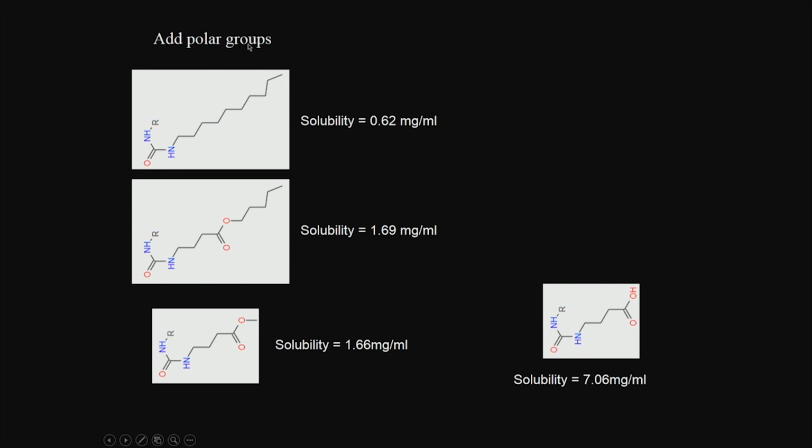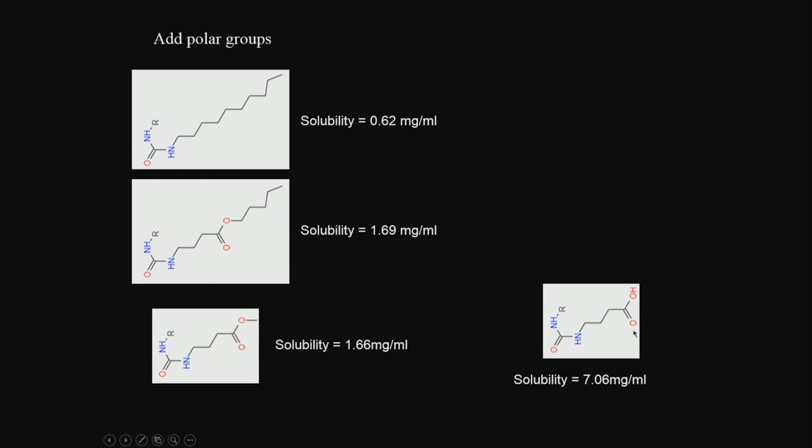Add polar groups. Okay. So, we can add polar groups, that means we can add oxygens and nitrogens. Look at this molecule, it has got 1 oxygen, 2 nitrogens, okay, 3, solubility is 0.62. Now they have added oxygens here and here, solubility becomes 1.69. Look at this molecule, okay, some of the CH2 groups have been removed, solubility has become 1.66.